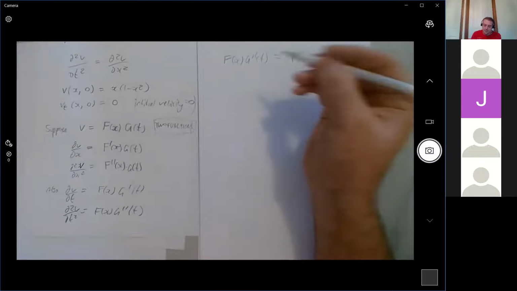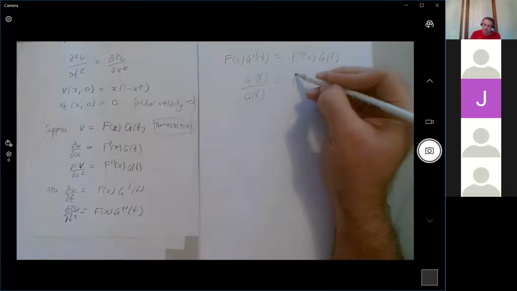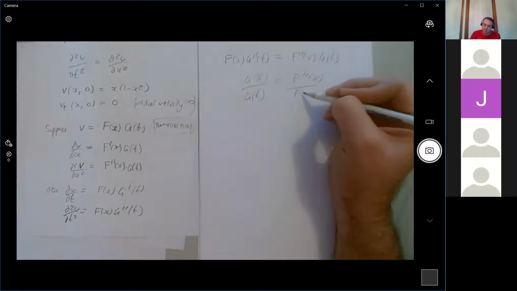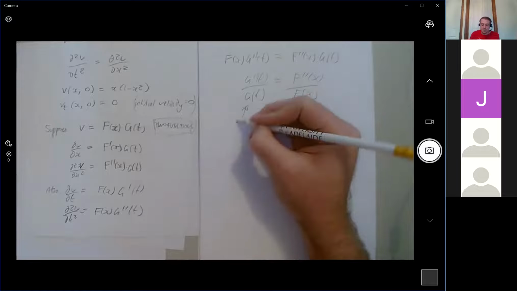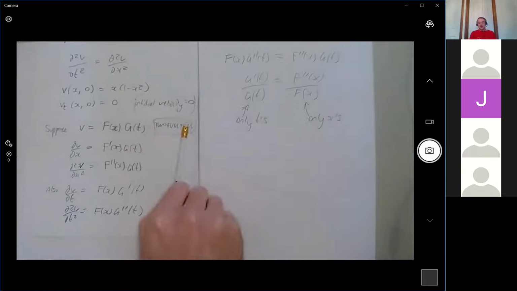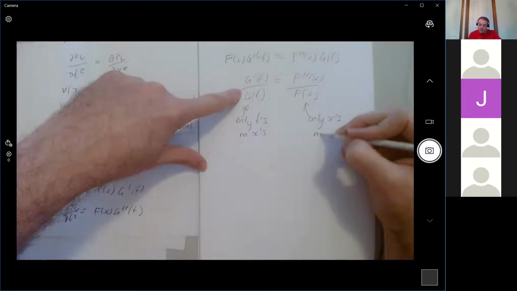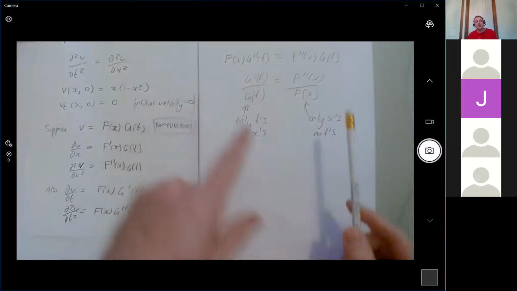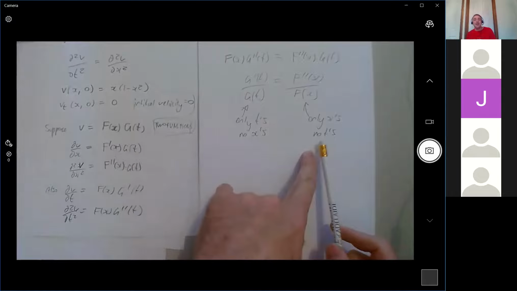So now if I divide both sides by g and both sides by f, this side is a function of only t, and this side is a function of only x. There are no x's on this side, and this one has no t's. If these are the same function, then whatever function that is isn't allowed to have any x's, and it isn't allowed to have any t's either. And that makes it a constant.